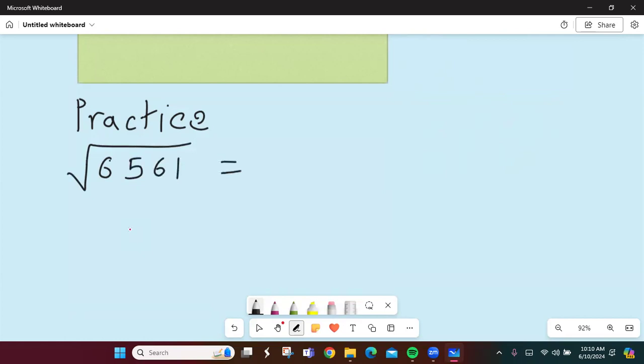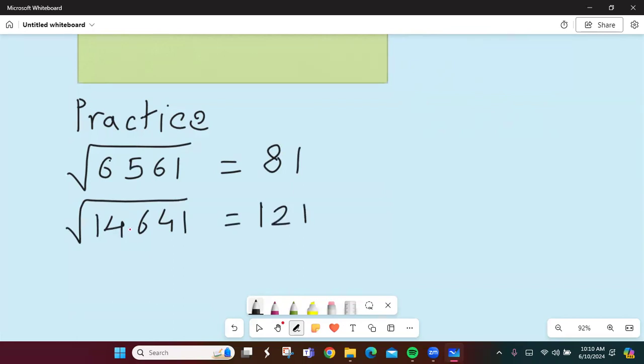You have to check that it is equal to 81 using this particular method. Square root of 14,641: check that it is 121. And square root of 15,129 is 123.